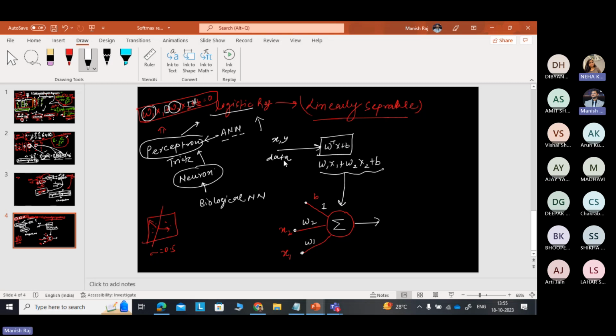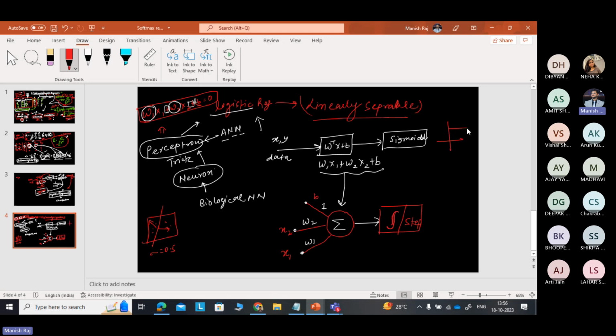Now what you are doing, you are putting this thing in the sigmoid function. In logistic regression, you provided it in the sigmoid. Now I can take some threshold, or you can say some function. So I can make this type of thing. Here, the biological perceptron is used only for the step function. I told you about step also.